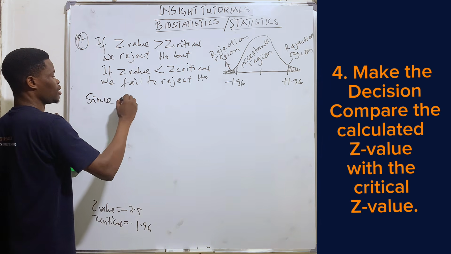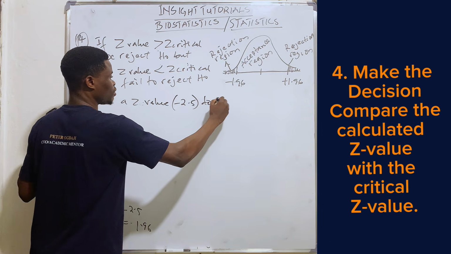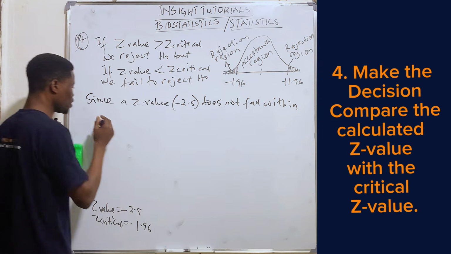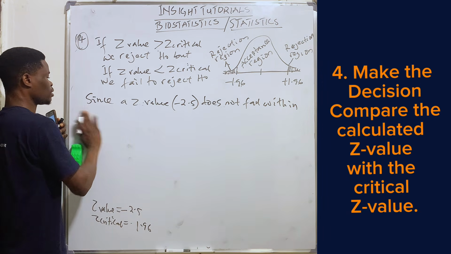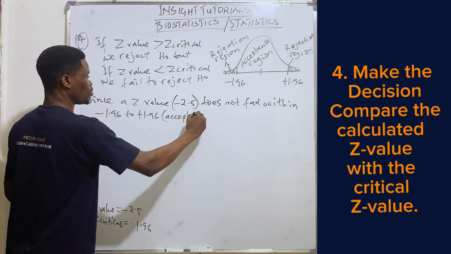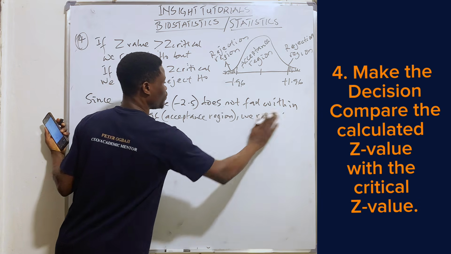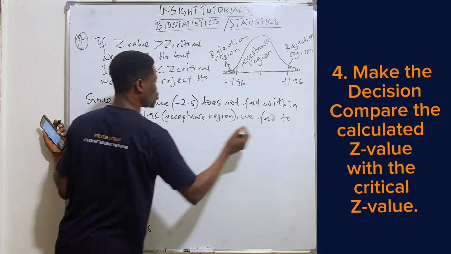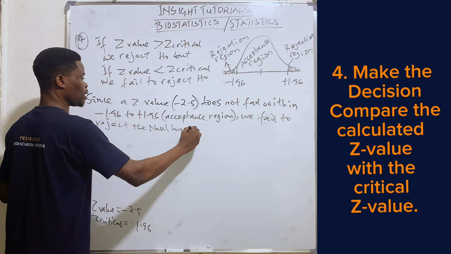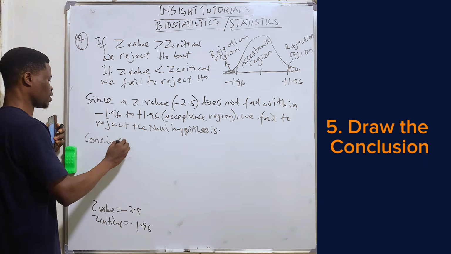So since the Z value, in brackets negative 2.5, does not fall within minus 1.96 to positive 1.96, which we call the acceptance region, we reject the null hypothesis. So that's our decision. And stage 5, we're going to conclude.